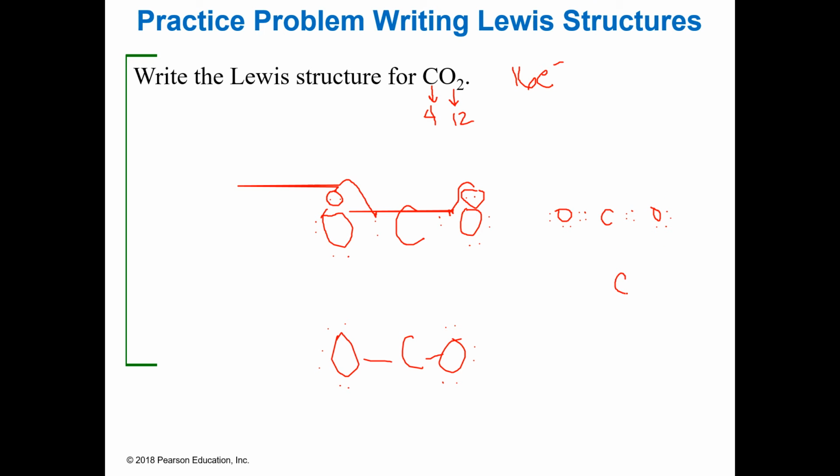So we're good. That works. So the structure of carbon dioxide is going to be 2 double bonds, and then there's still 2 lone pair of electrons on each oxygen.